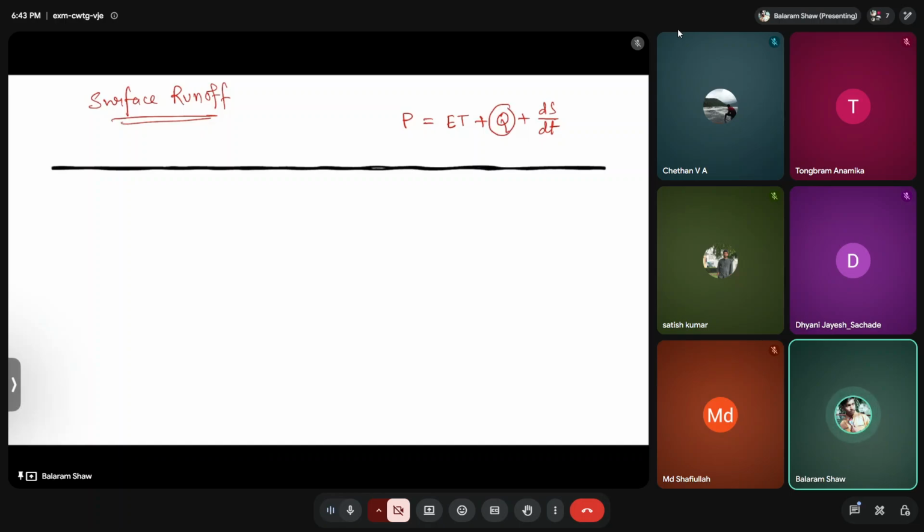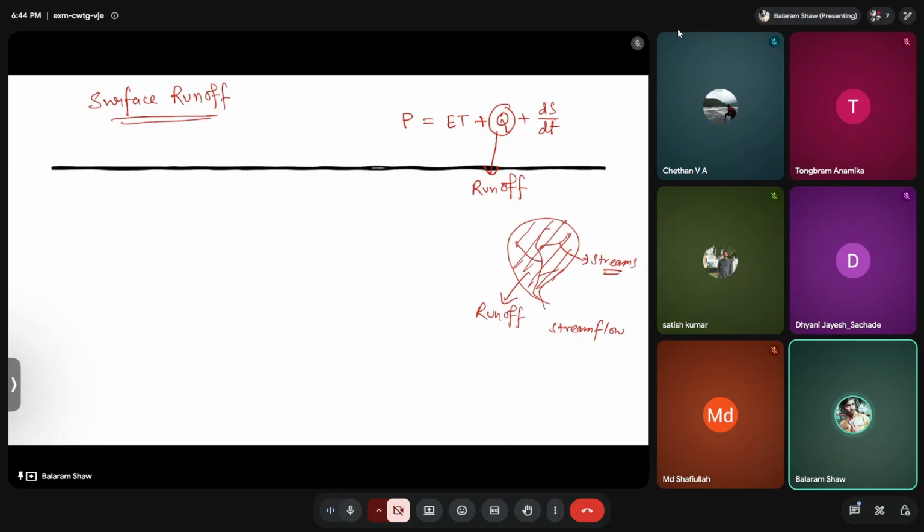Now this runoff which we are calling for a catchment, mostly the streams that you can see, if you measure only the flow in the streams, most books write it as stream flow. However, if you consider all the water that is running off from the catchment, we call that runoff, including the base flow.